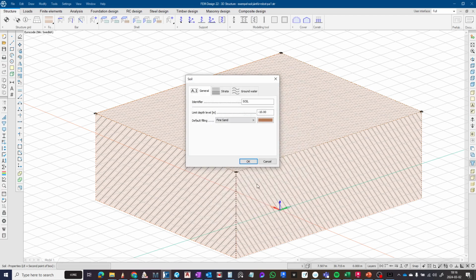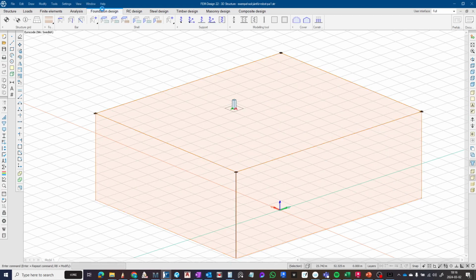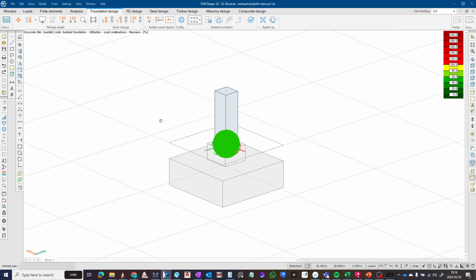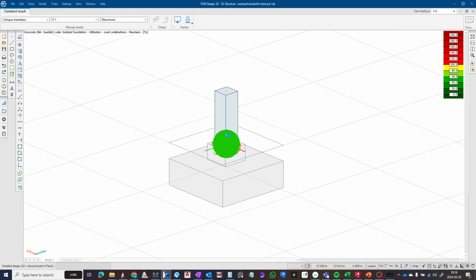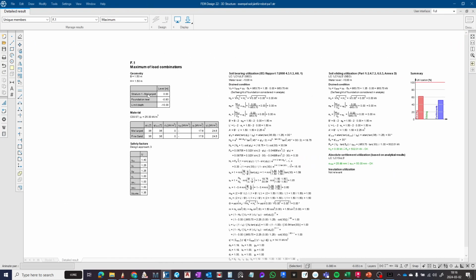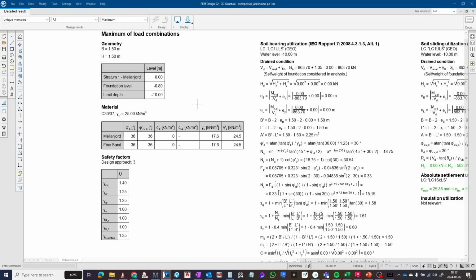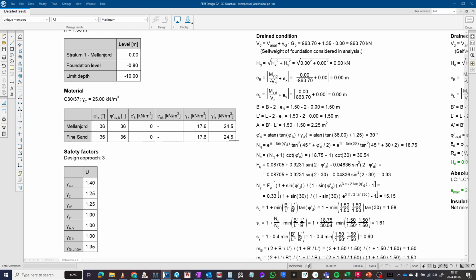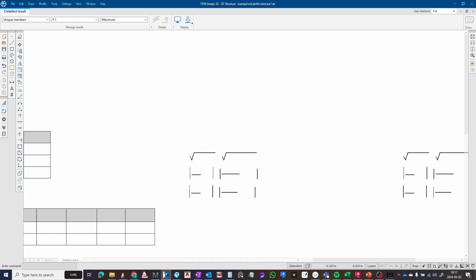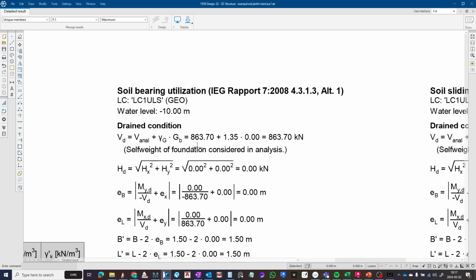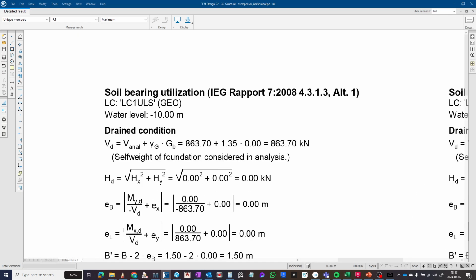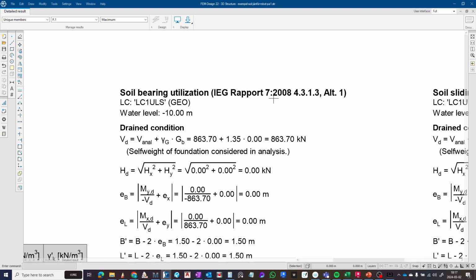In that way, we have the soil here, and going to the calculations, we get inside these calculations, and here's the information about the geometry, the material, the soil properties, and of course the combination load here, and which method we are using here in Scandinavia, the IAG report 7 2008, which is a little different from what Robot is using.